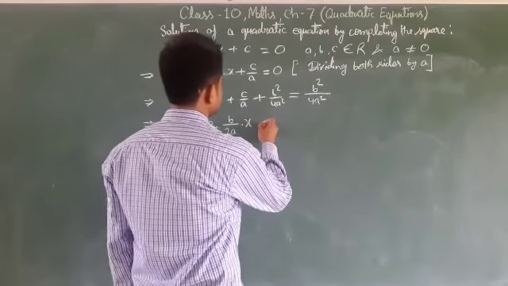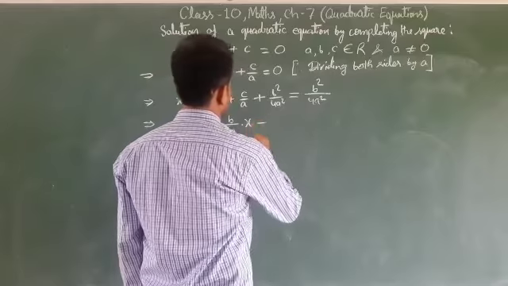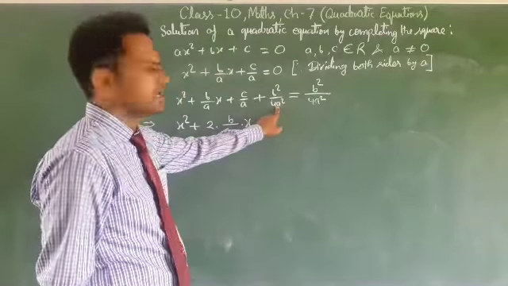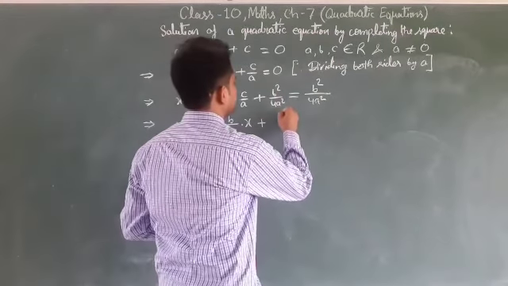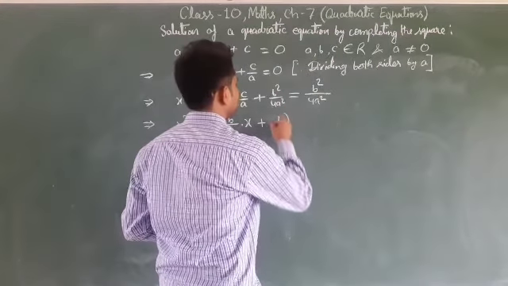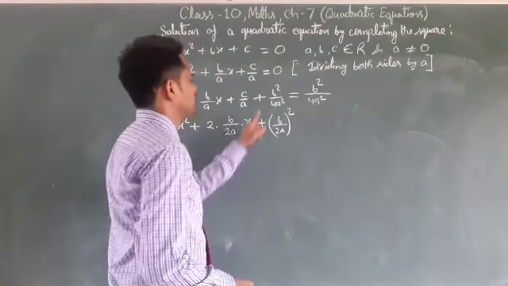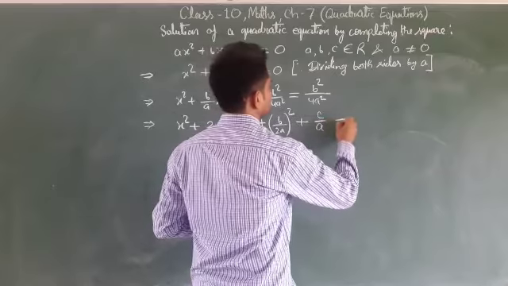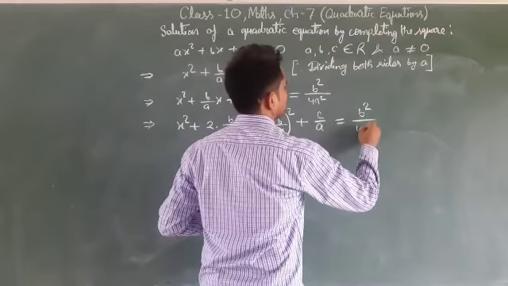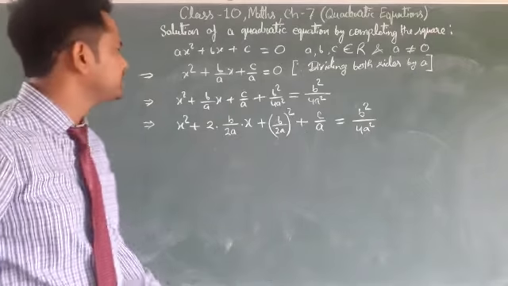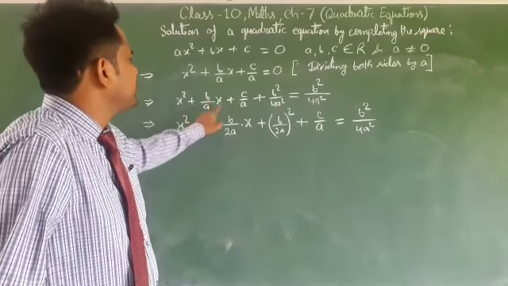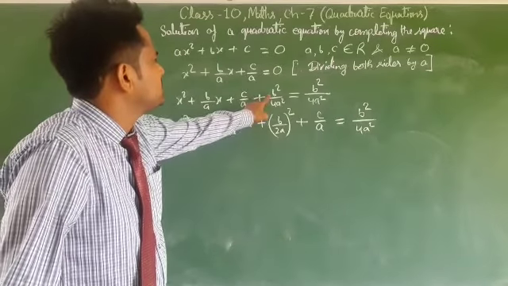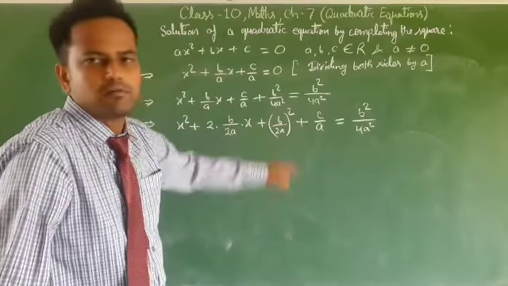And this can be written as b by 2a to the power 2. Got it? And c by a as it is, and here b square upon 4a square. Got it? So b by a x can be written as 2 into b by 2a into x, and this can be written as b by 2a to the power 2.